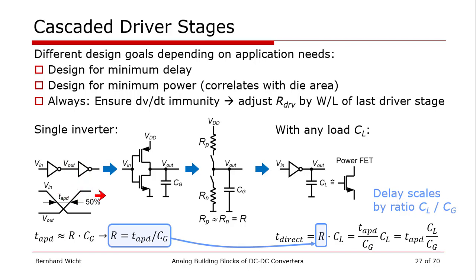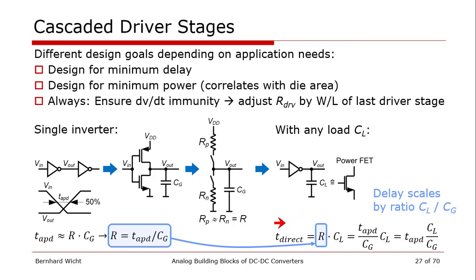And we can define an average propagation delay for such a stage, which basically accounts for an RC delay that we see here. Now if we replace the inverter by a real power transistor as the load, we get a large load capacitance that needs to be driven by this poor little inverter.